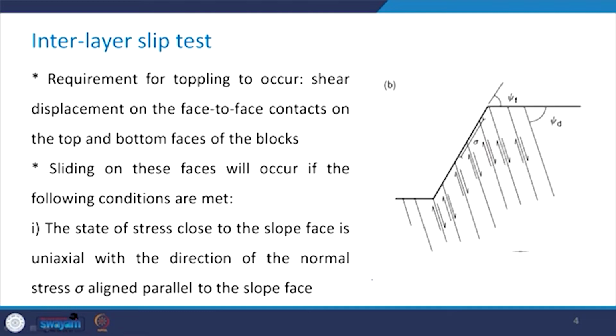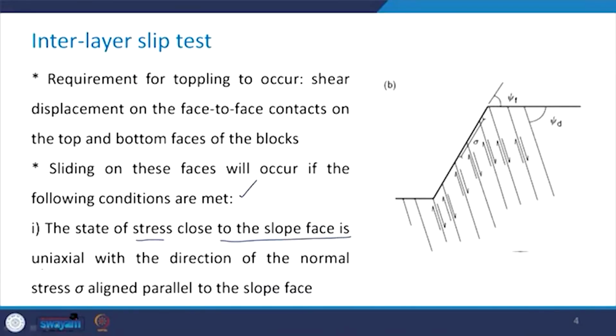Sliding on these faces will occur if the following conditions are met. The first condition is that the state of stress close to the slope face is uniaxial, with the direction of the normal stress sigma aligned parallel to the slope face.